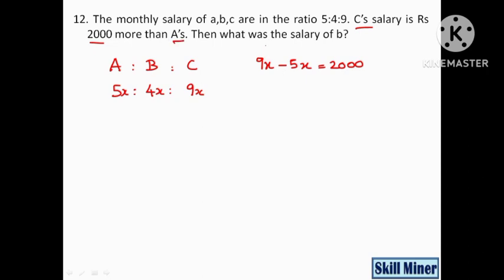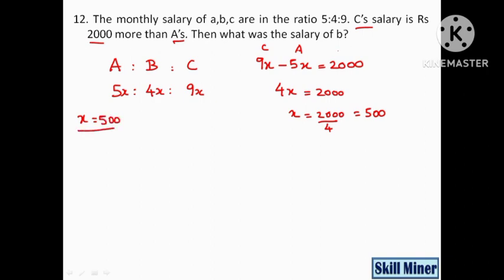Okay, this is C's salary, this is A's salary. 4x is equal to 2000. x is equal to 2000 divided by 4, which is equal to 500. Okay, x value I got as 500.